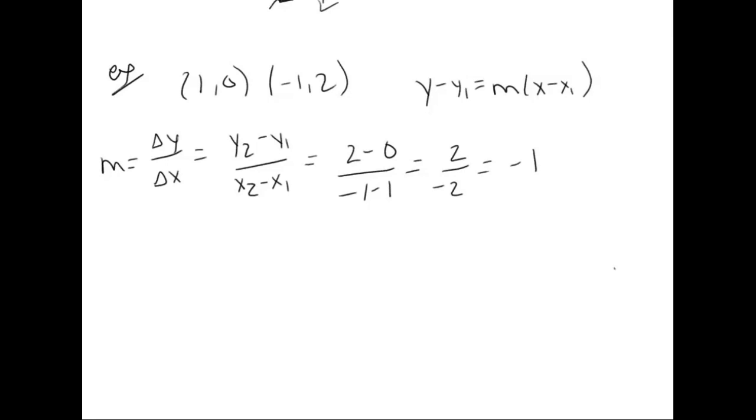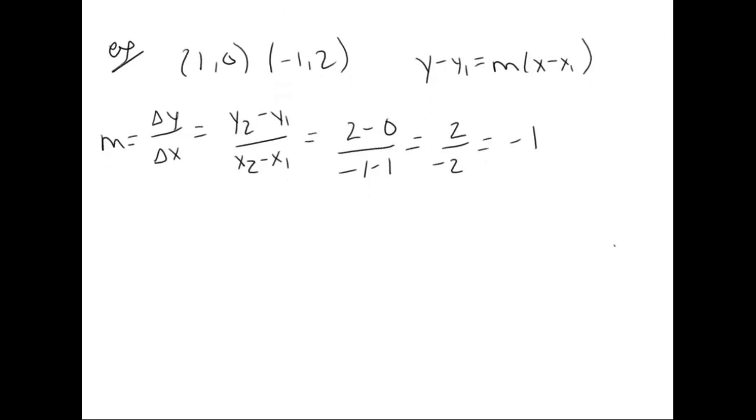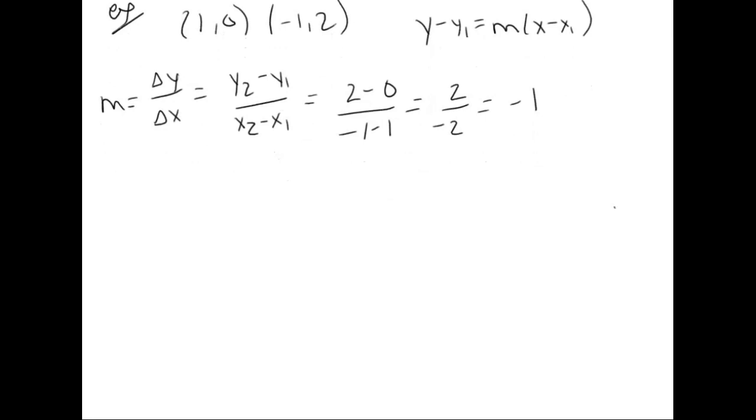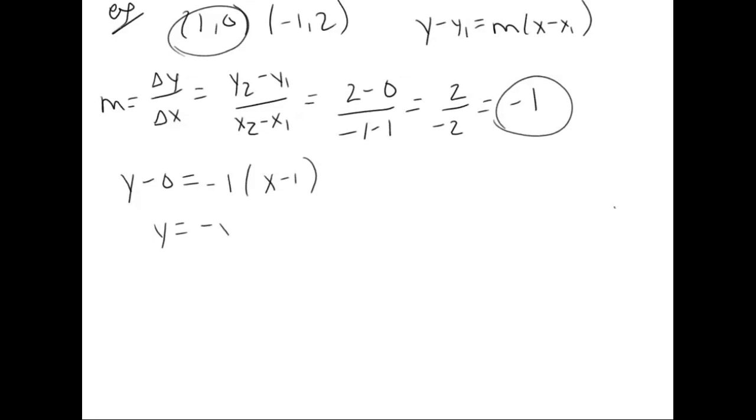Now you can use either point here in order to plug in. I'm going to do both for you so you can see you'll get the same answer. So let's say we take the first point, (1, 0). So y minus 0 equals my slope, -1, times x minus 1. Now solve this for y. y equals -x plus 1. We distribute that -1.